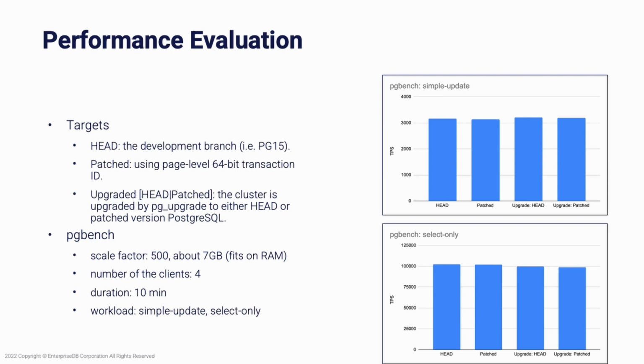On the other hand, in the upgrade cases of the select-only benchmark, I can see several percent degradation in the patch cases. I guess it was up to 10%, and it perhaps came from the overhead of the online page upgrade parts, but I will need more investigation for that.